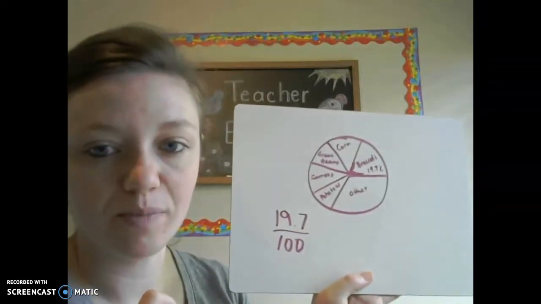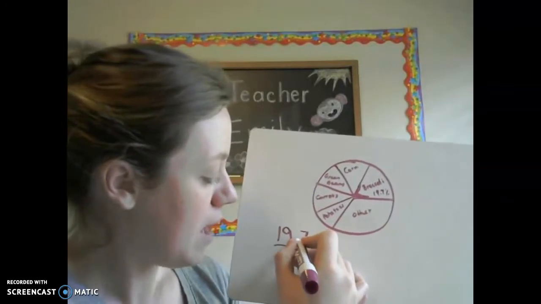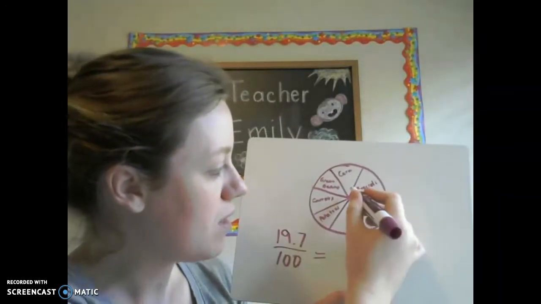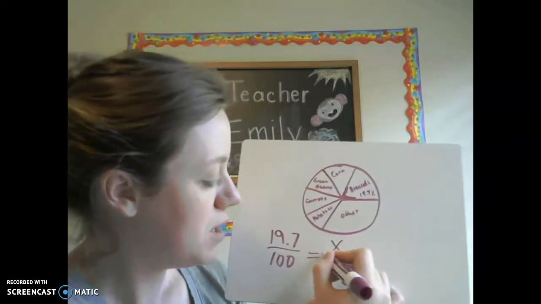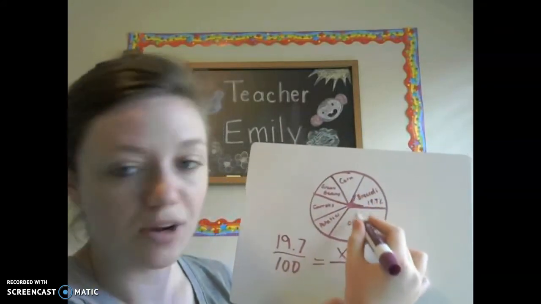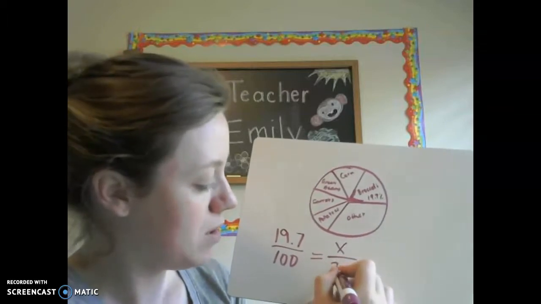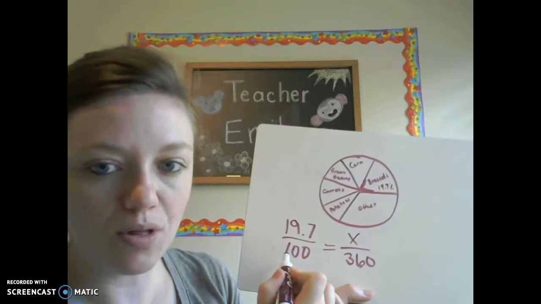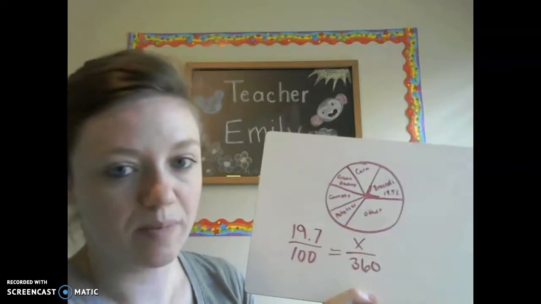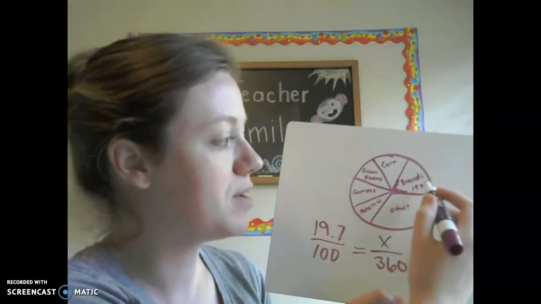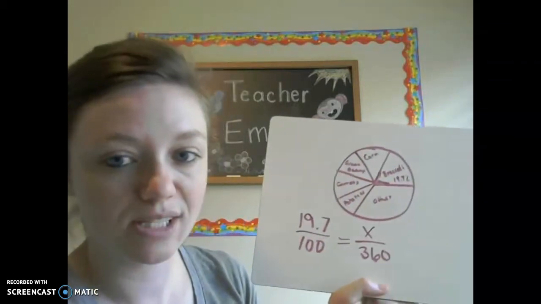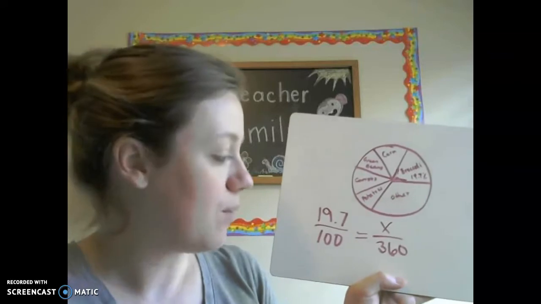And what we want to do is make it equal to this angle divided by all of the angles added together, which is 360. So we have a part divided by the whole equals a part divided by the whole, because 19.7% of 100 should be the same as this angle divided by the whole 360. So we can solve that way.